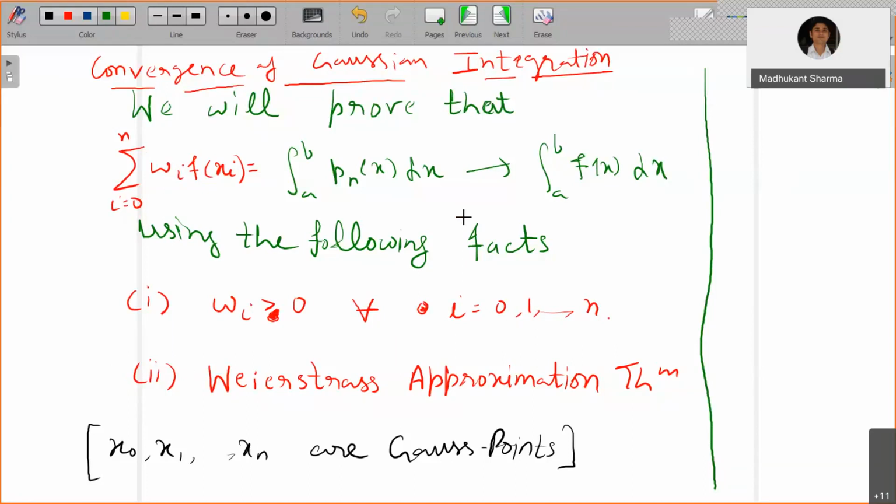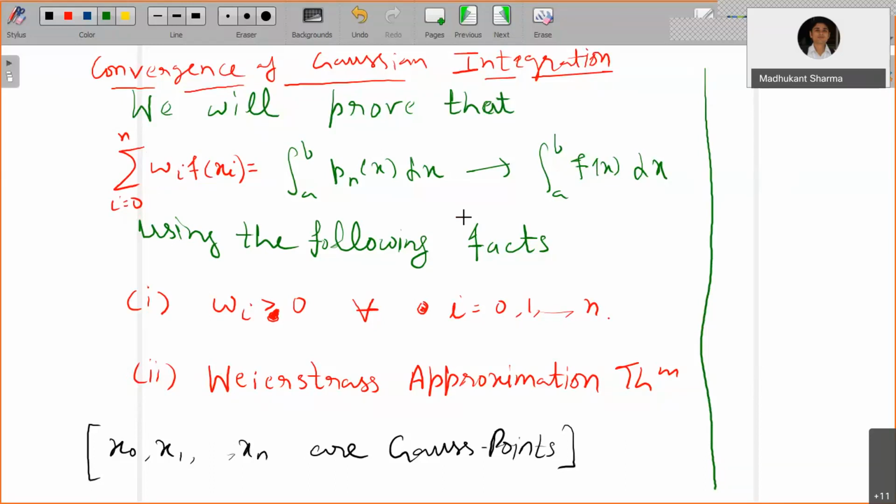So at some point x0 or at some point xj, wj is negative, and at another point it is positive. This does not happen with Gaussian integration. That is the advantage in Gaussian integration: all wi's have the same sign, and that is nothing but greater than 0. So this is the difference from the Newton-Cotes formula.